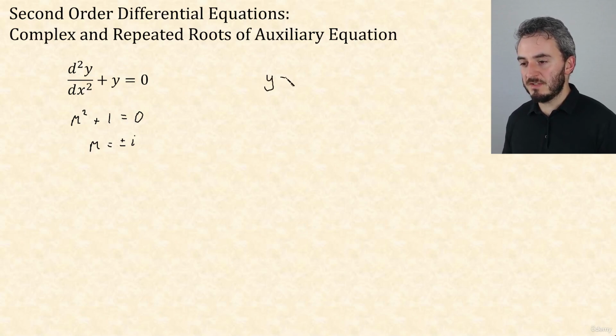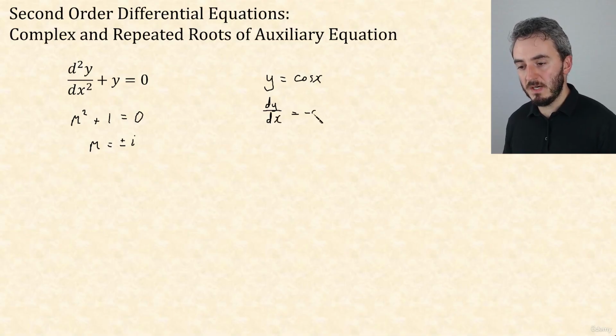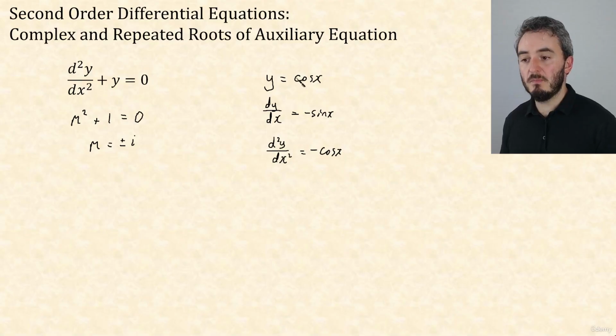Well, the answer is trig. Look, if y is cos x, then dy/dx is minus sine x, and d2y/dx squared is minus cos x. And so we get the second derivative plus the original function is 0.